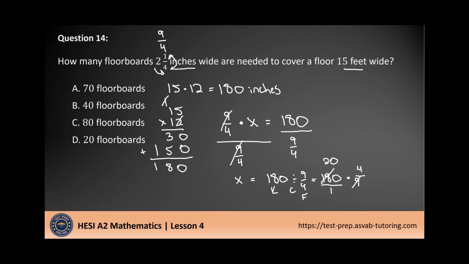And then 9 divided by 9 is 1. Now we're multiplying fractions, so we just go straight across. 20 times 4 is 80. 1 times 1 is 1. So our answer is 80/1, which equals 80 floorboards.